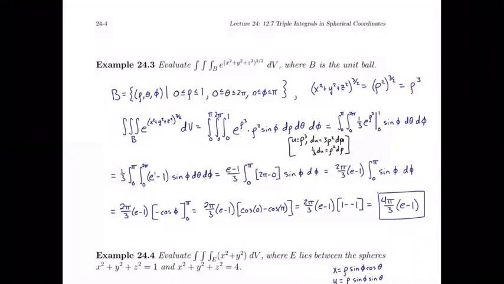Putting all this together, the integral becomes the iterated integral, 0 to pi for phi, 0 to 2 pi for theta, 0 to 1 for rho, our function e to the rho cubed, times part of our integral formula, rho squared sine phi, and then d rho, d theta, d phi.